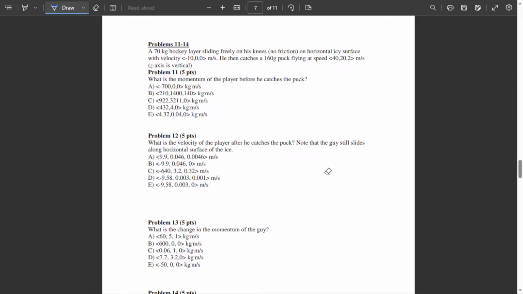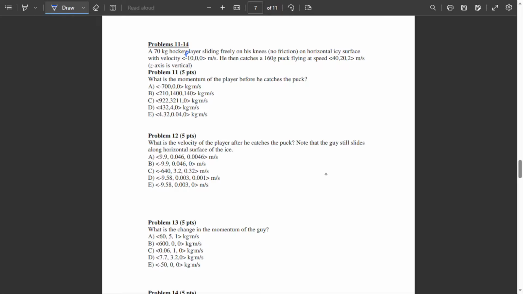Problems 11 through 14. 70 kilogram hockey player. I was supposed to say player. Sliding freely on his knees, no friction, on a horizontal icy surface with velocity minus 10.00 meters per second. He then catches a 160-gram puck flying at speed 40.22 meters per second, z-axis vertical. What is the momentum of the player before he catches the puck?